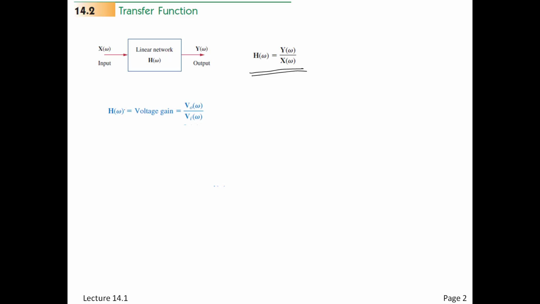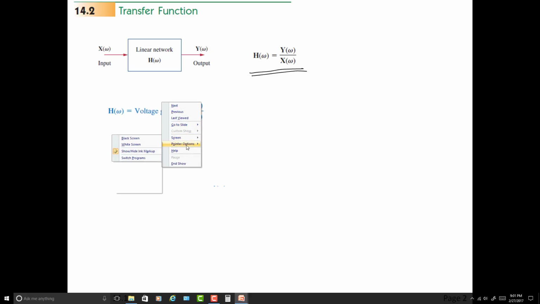The transfer function of a linear network can be expressing basically four different relationships between output and input. Electrical circuits I'm talking about here. We could simply be talking about voltage gain. What's the voltage out as a function of the voltage in? Given that the voltage in, of course, is going to be a function of frequency. So here we've substituted for y and x, V out and V in.